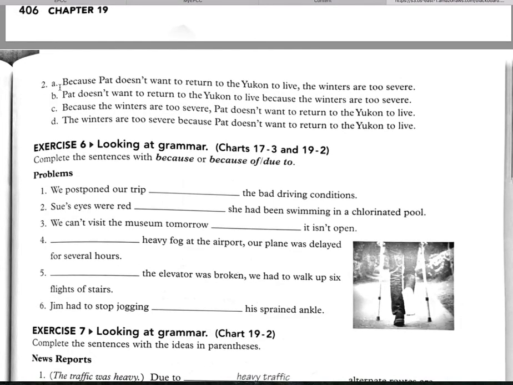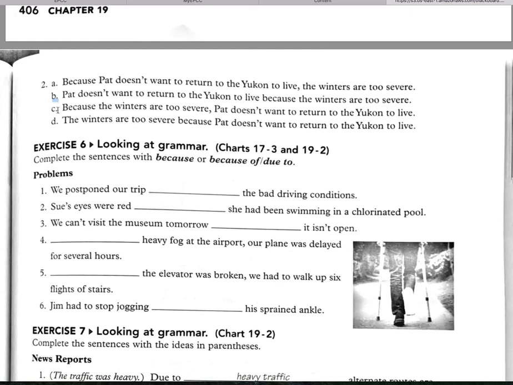2A. Because Pat doesn't want to return to the Yukon to live, the winters are too severe. That's not correct. B. Pat doesn't want to return to the Yukon to live because the winters are too severe. Yes, that is correct, because it gives you the correct cause and effect.